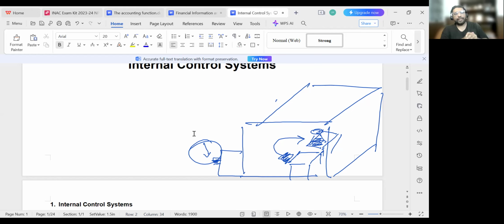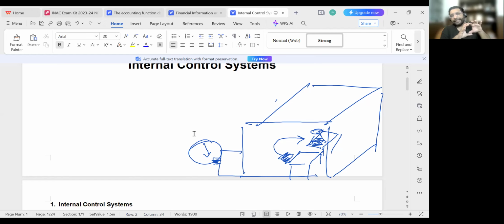You have the quality assurance department. Some of the members of the HR are keeping a log of the entry and exit of employees. That's part of the internal control system. The finance department has many internal control systems as well.